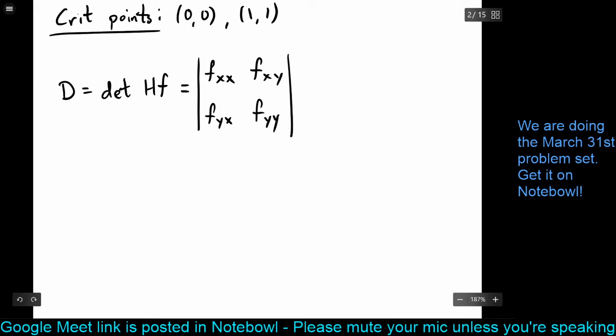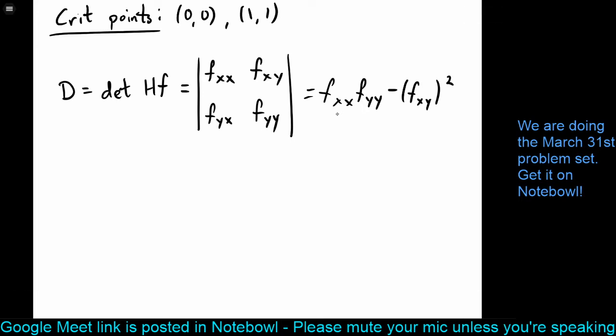Right? So we need this expression, right? Which is fxx, fyy, minus, since fxy and fyx are going to be the same because we can only do this test on continuous enough functions, we can actually just write fxy squared here.